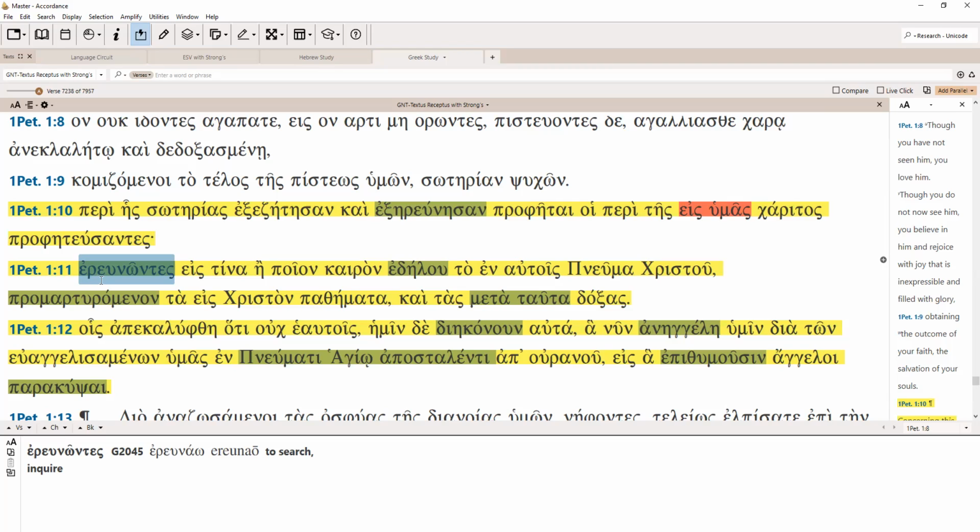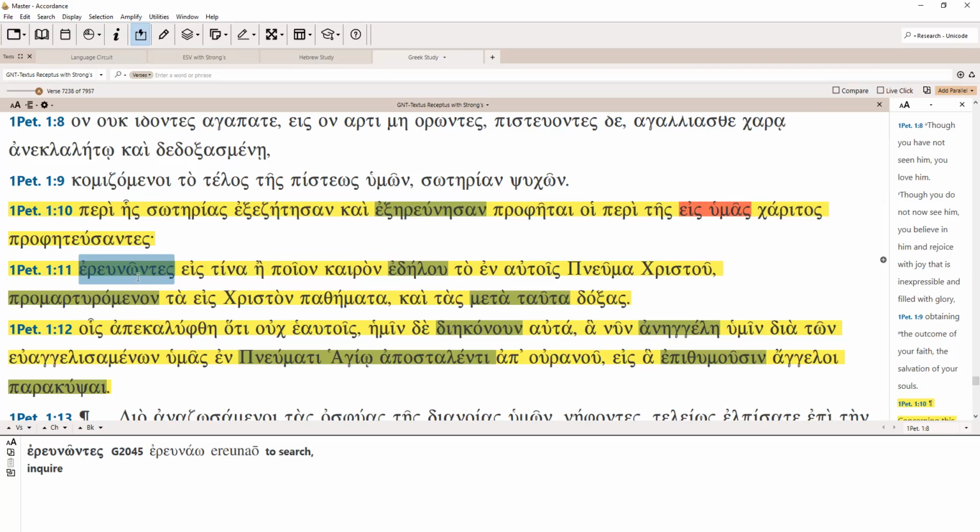Here we see again, ereunontes. Here we have ereunao again, which is to search, to inquire, and here it is in the participle, the present active participle. So originally there was an alpha here where the omega is, and then you have an omicron, which when paired with the alpha, it turns into omega.